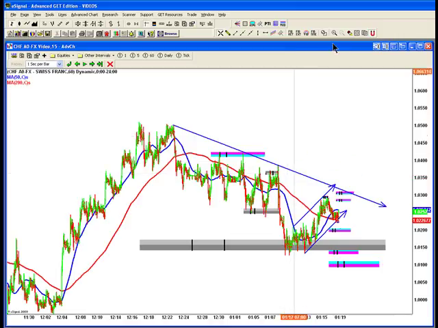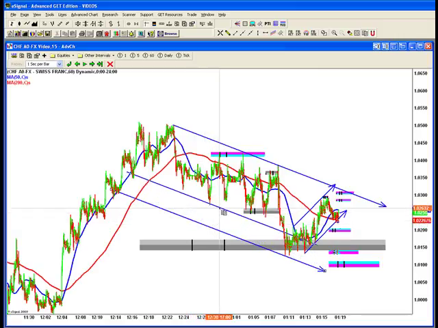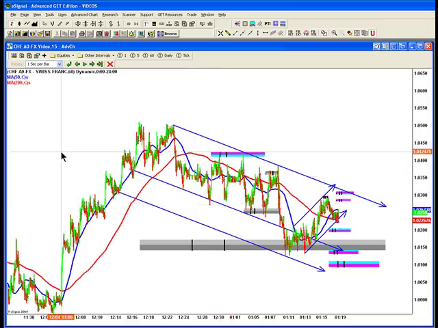Let's take now the channel. Better here. And let's create also another one here. So at this point we can see on a larger scale, time frame scale, the eventual movement of the dollar-Swiss.